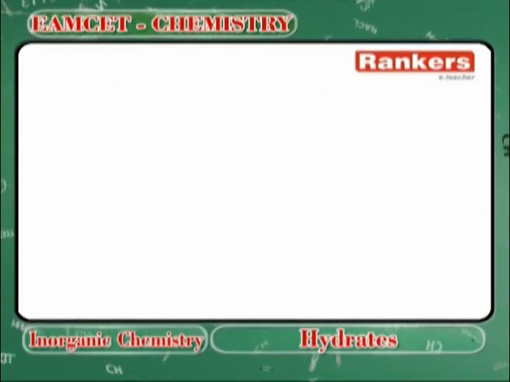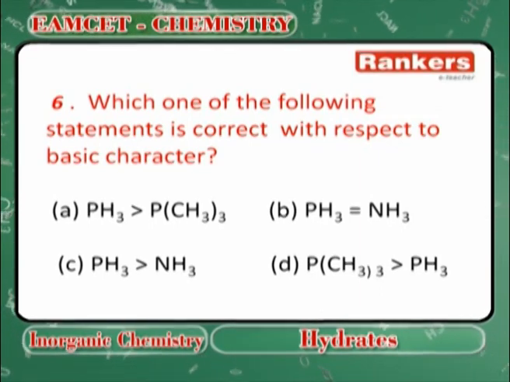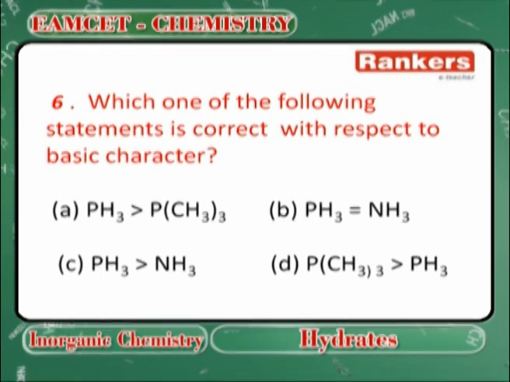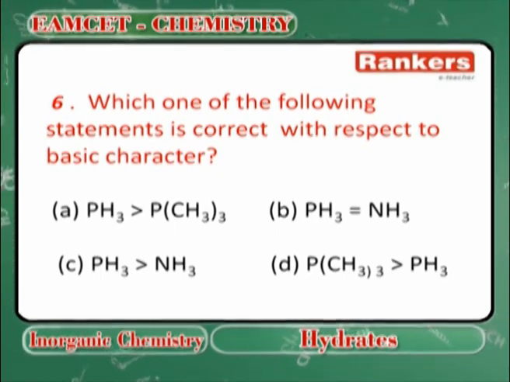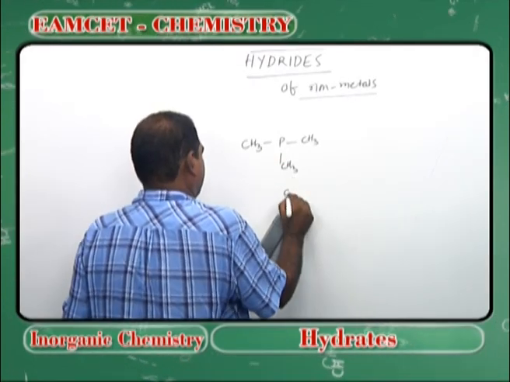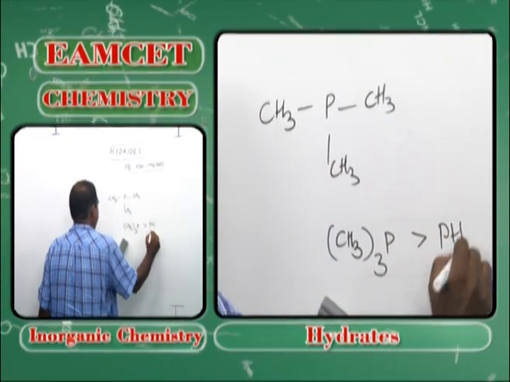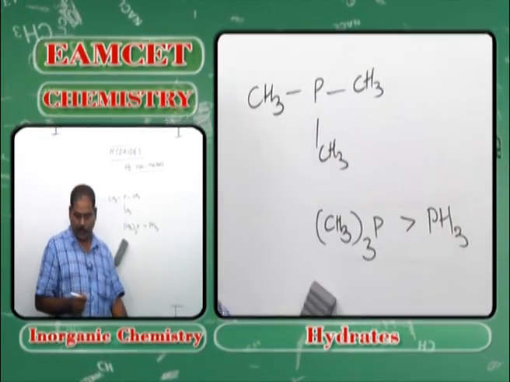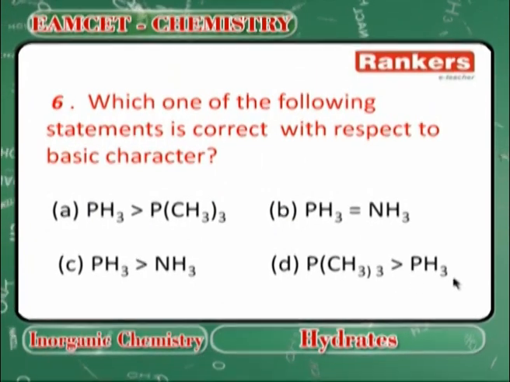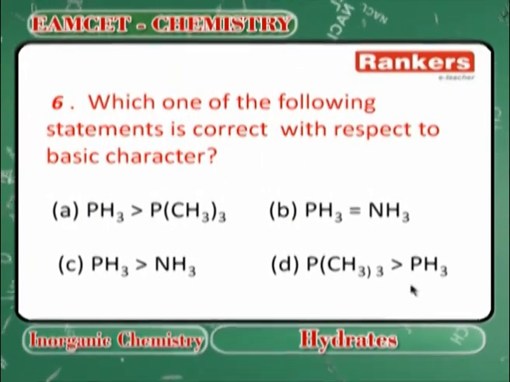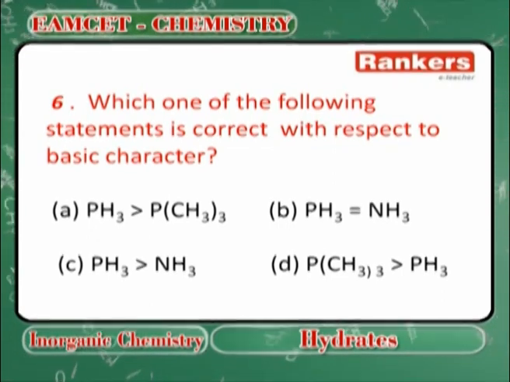6th question. Which one of the following statements is correct with respect to basic character? We discussed that very much. Triphenylphosphine, trimethylphosphine. There are no steric factors. Therefore, P(CH3)3 is more basic than PH3. I think it is D. It is not the same in the case of substituted ammonia.